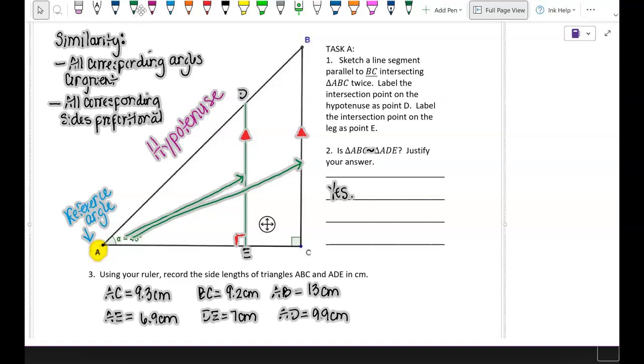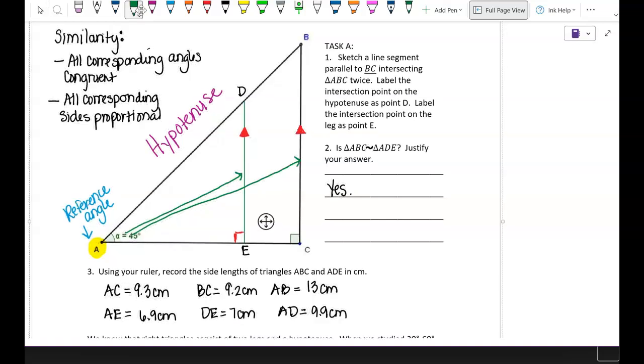So these would be considered opposite legs. Because they are across from or opposite from that reference angle, which means that AE and AC would be the adjacent legs.